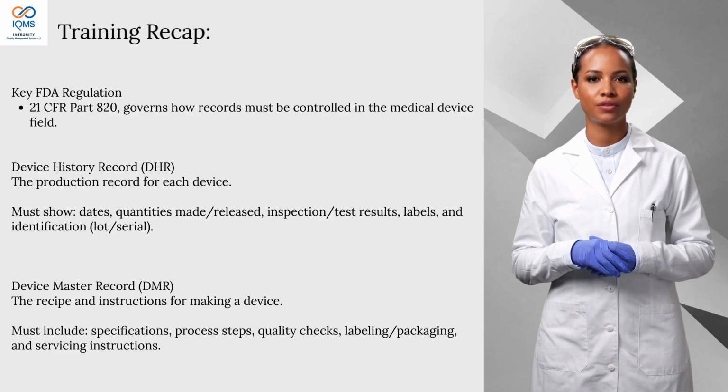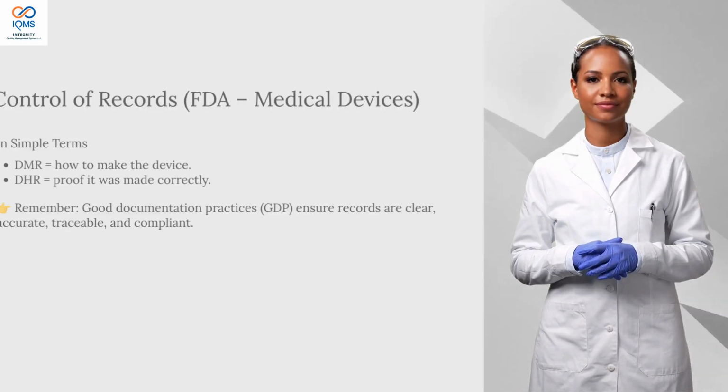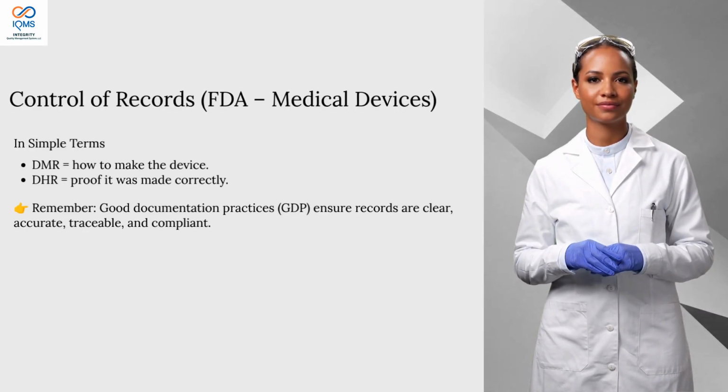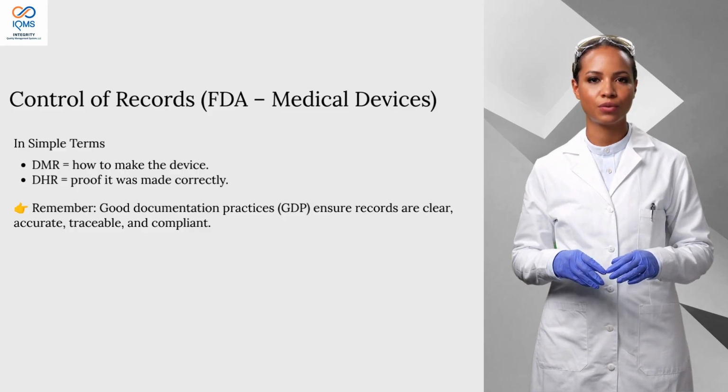Device Master Record, DMR: the recipe and instructions for making a device must include specifications, process steps, quality checks, labeling, packaging, and servicing instructions. In simple terms, DMR: how to make the device. DHR: proof it was made correctly. Remember, good documentation practices, GDP, ensure records are clear, accurate, traceable, and compliant.